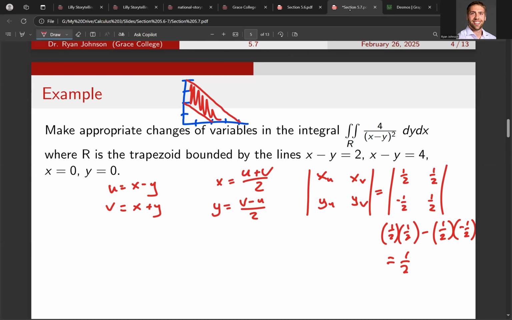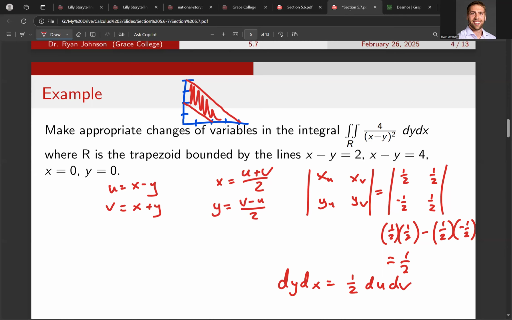Because when you're doing your integral, this thing changed. So this 1/2 means that dy dx equals 1/2 du dv. Okay, that's what the Jacobian does for us.